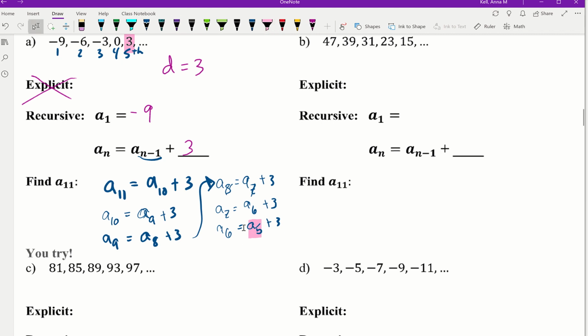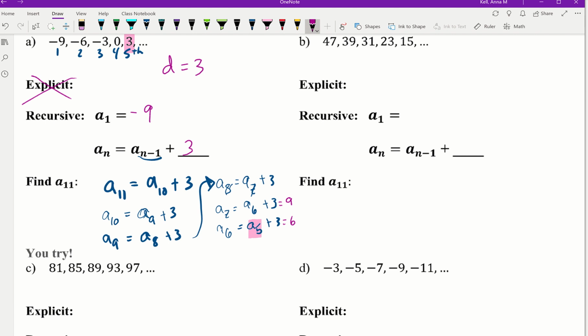So I'm going to backtrack up, right? So if A5 is 3, then A6 is 3 plus 3. And then A7 is going to be 6 plus 3. Let's go ahead and write what it equals. So this is 6. I'm going to add 3. Yep, I'm adding 3.